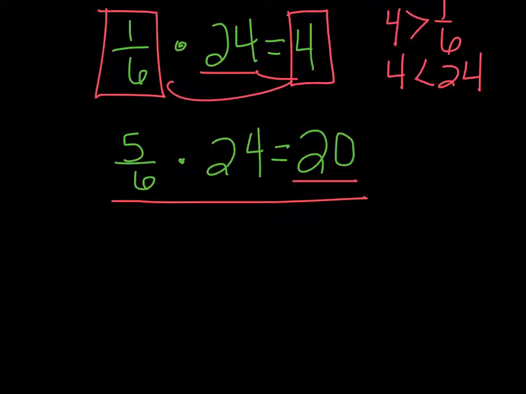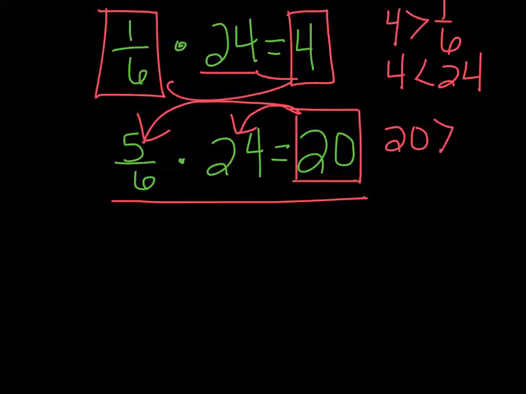You should see that what we have again is a product that is less than the whole number factor, but greater than the fraction factor. So, in other words, 20 is greater than 5/6, but 20 is less than 24.